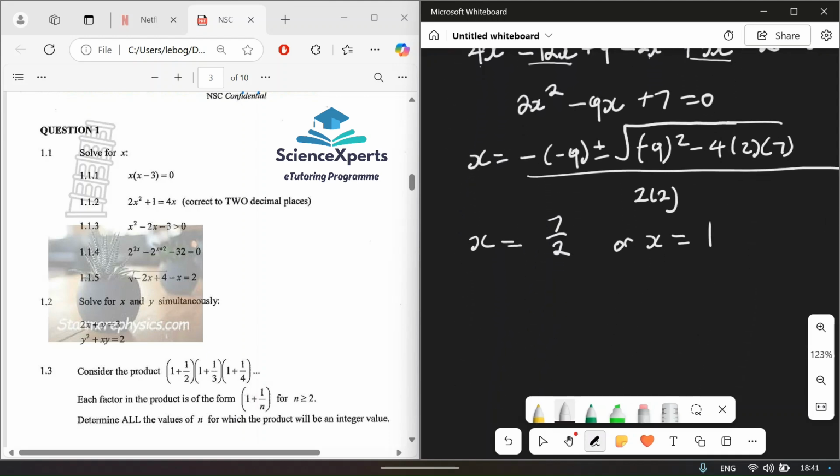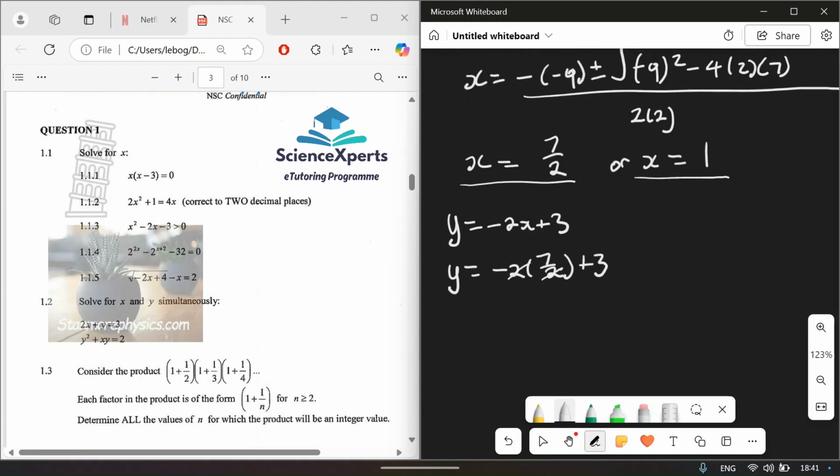Then for our y values, we're gonna substitute these x values back to equation 3. Remember, equation 3 was y is equal to negative 2x plus 3. So I can substitute 7 over 2, then y will be equal to negative 2 into 7 over 2 plus 3. The 2 cancels the 2, negative 7 plus 3, that's negative 4, right?